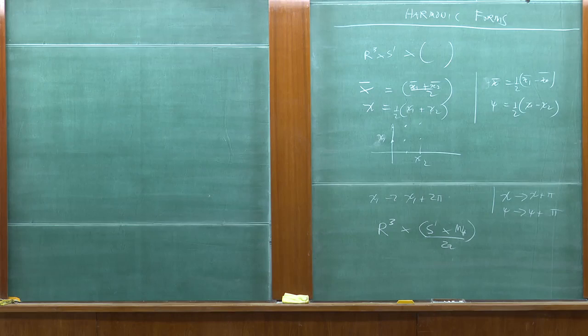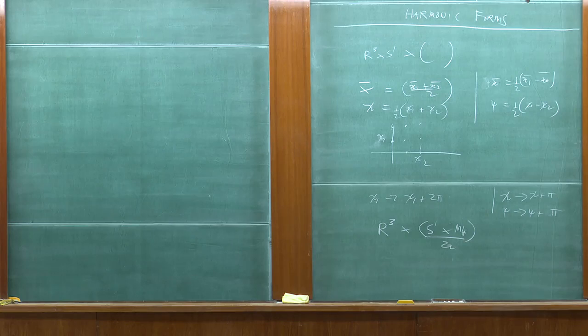On psi, it will act like a pi shift on psi, except psi will not be thought of as chi1 minus chi2 anymore. This decomposition of psi and chi into chi1 plus chi2 and chi1 minus chi2 is something that is only possible at infinity. So it will act as a pi shift, or some Z2 action on this non-trivial manifold M4.